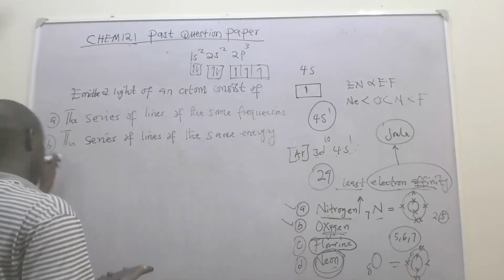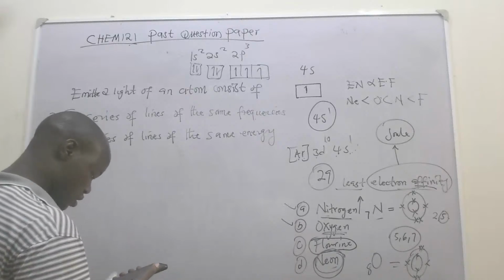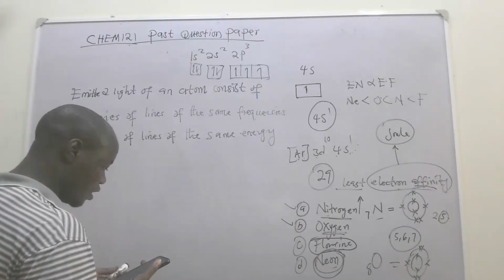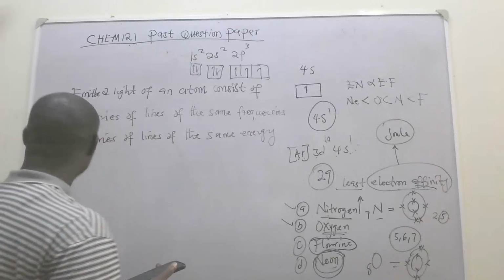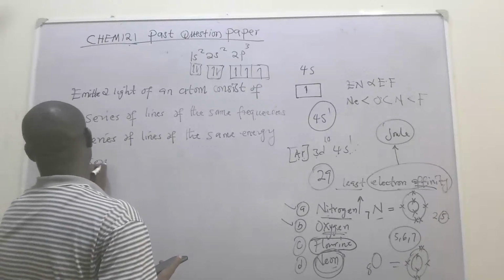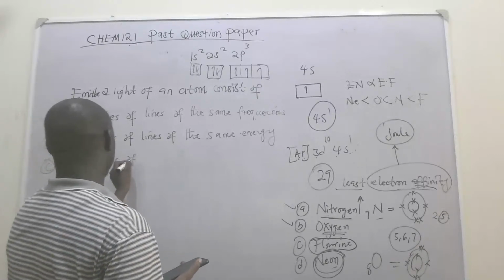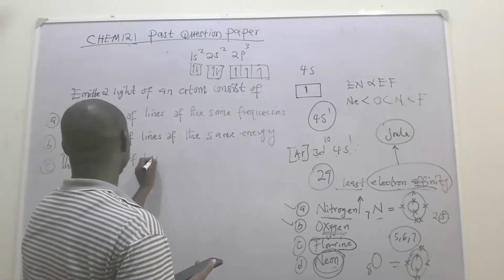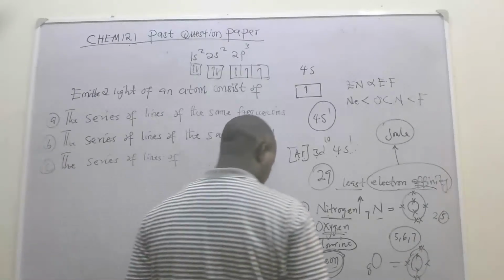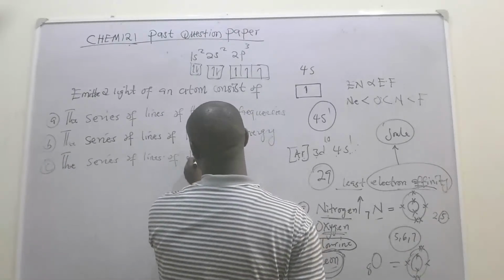Option C, the series of lines of different wavelengths.